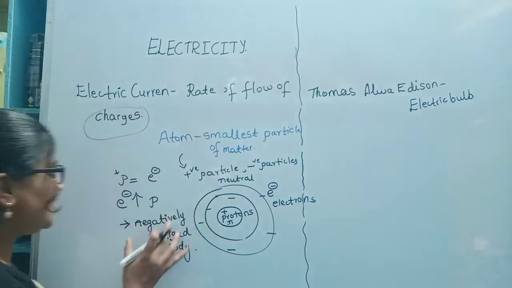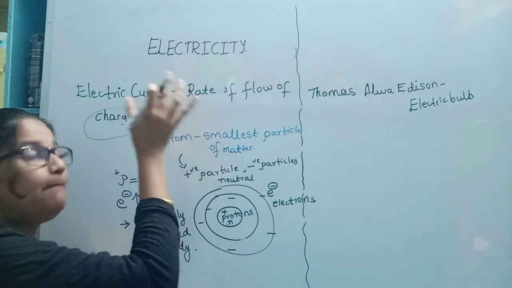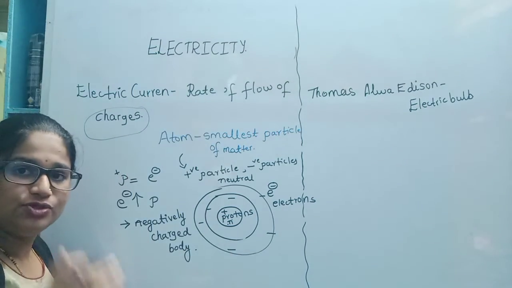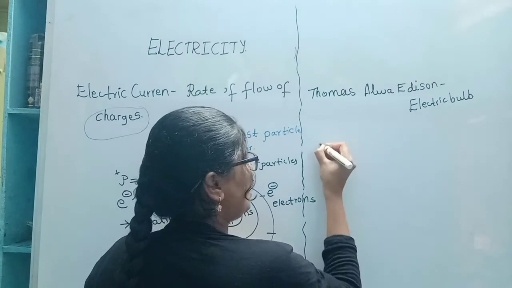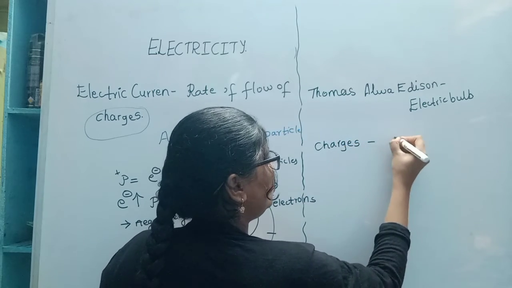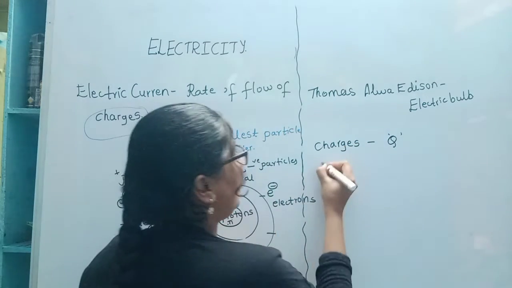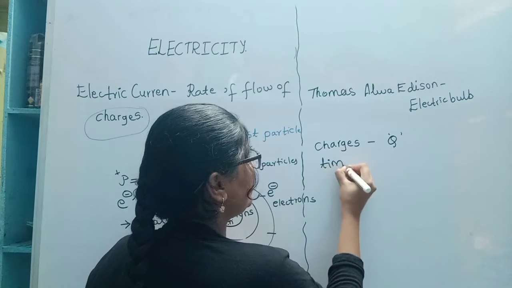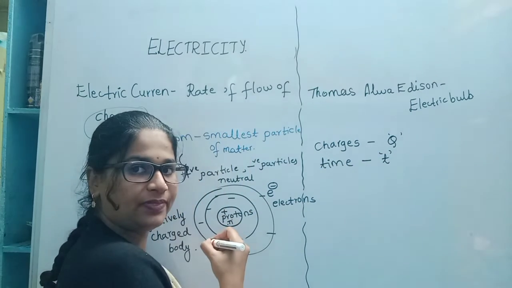So in the negatively charged body, the flow of charges occurs in a particular time, and it is represented by a particular equation. The charges are denoted by the uppercase letter Q, and the unit time is denoted by a lowercase t.